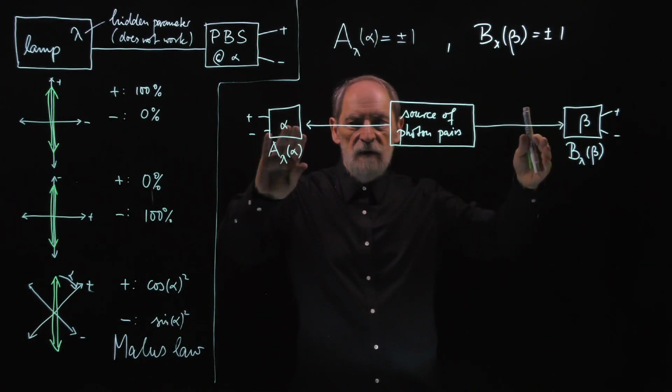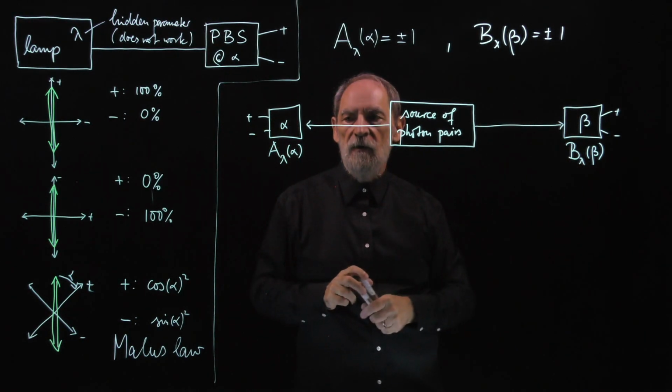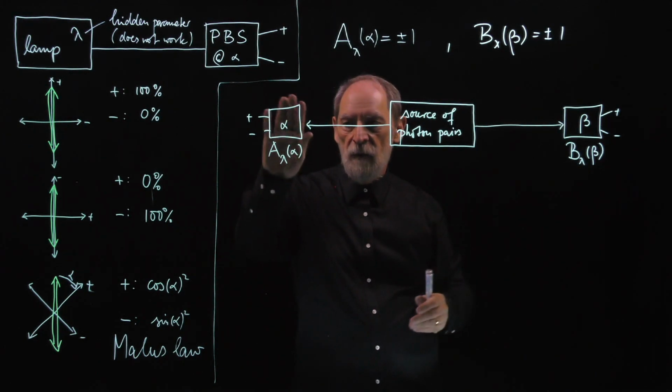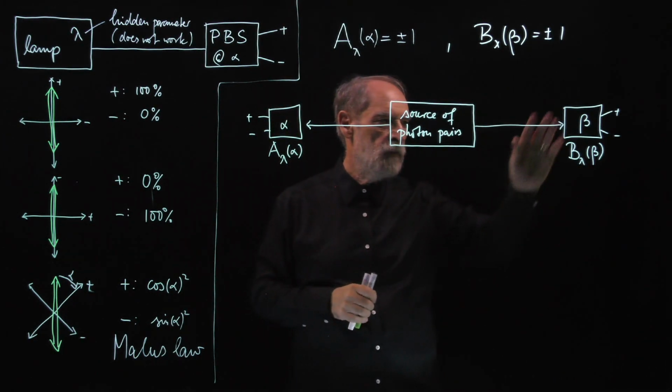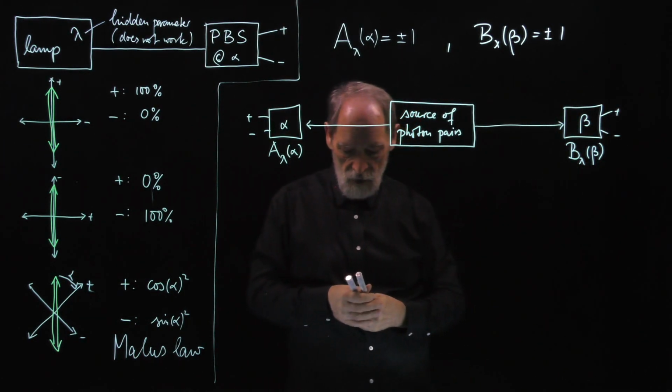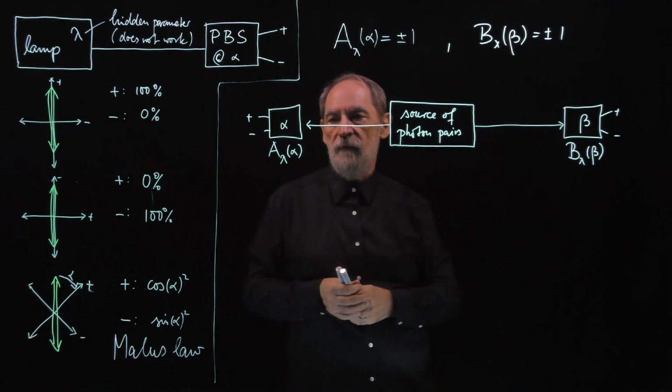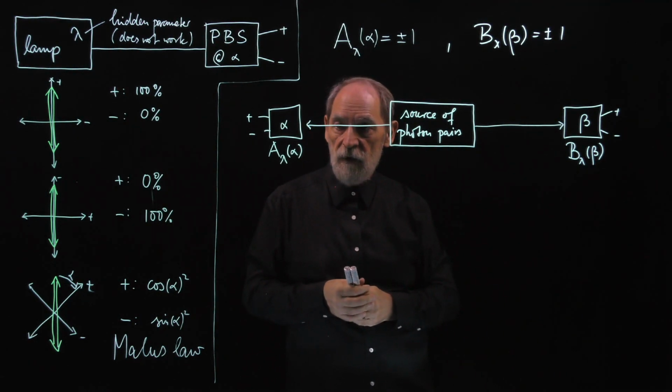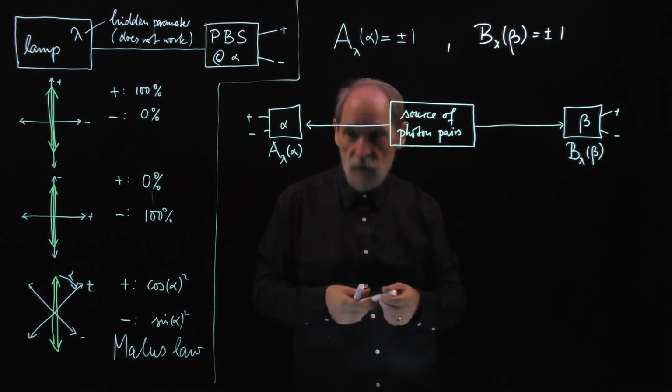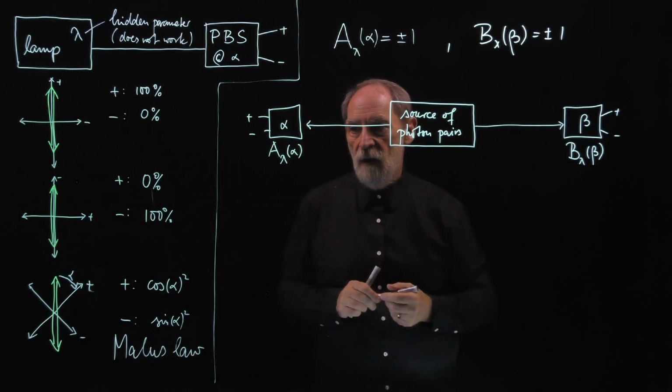So there is an acknowledgement of locality here. What happens in this lab is local to this lab. What happens in that lab is local to that lab. And you can invoke the experimenter's free will to make clear that this is reasonable.